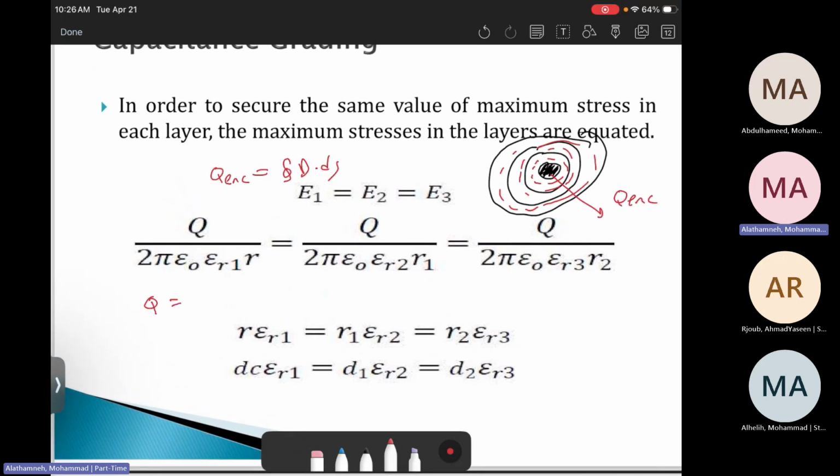So Q equals the dielectric material, epsilon, times E, times the surface area, 2 pi R. As a result, E equals Q divided by 2 pi R times epsilon, which is the same as epsilon naught epsilon r. And that's how we observe this from electromagnetics. I believe it's called Gauss's law for the electric field.